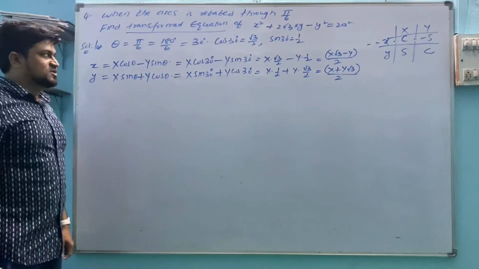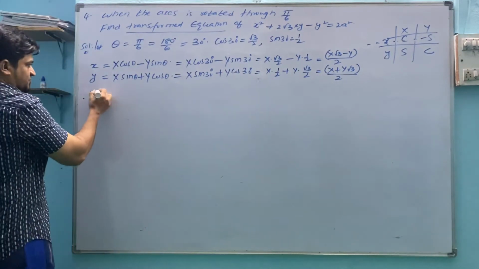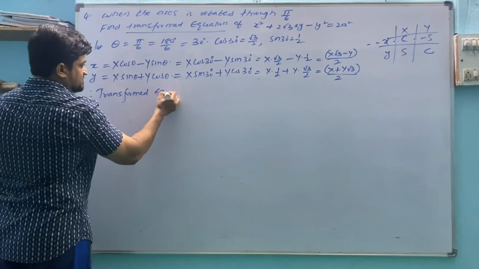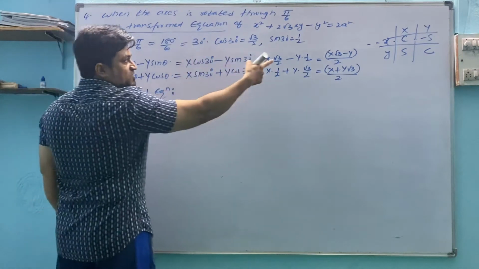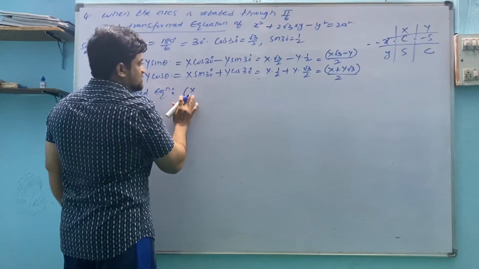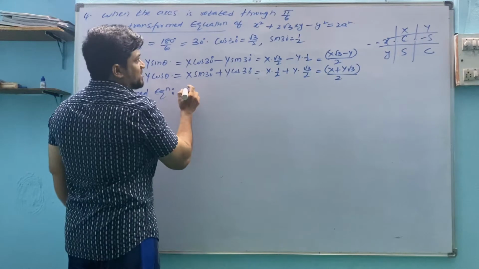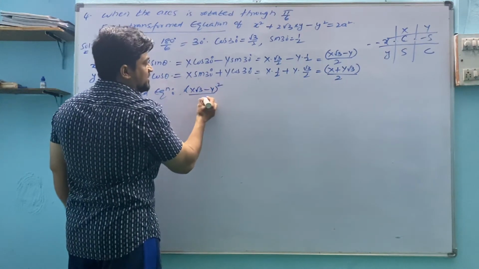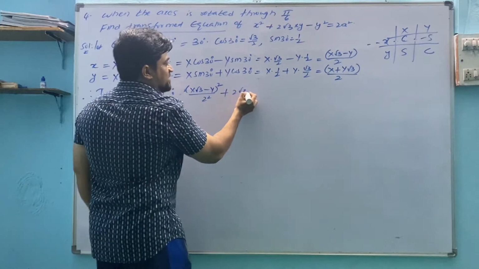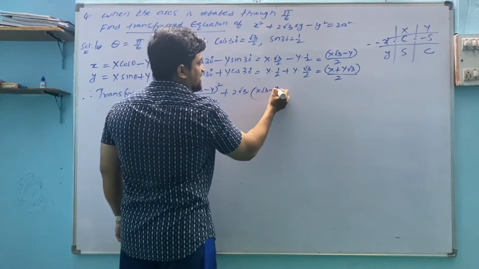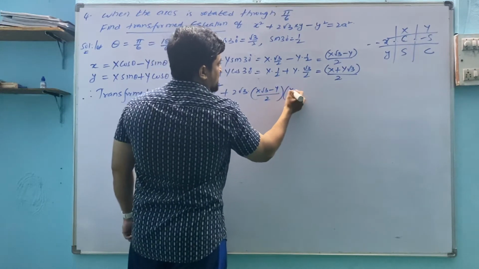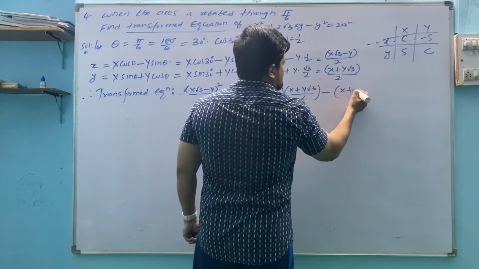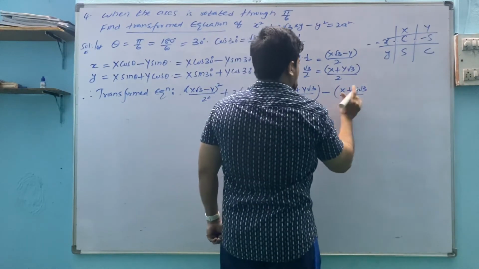We have two values. Now we have to write, therefore, the transformed equation. Whatever equation, x square means x value you can write. So first step only I am doing that: x square is there. X root 3 minus y whole square by 2 square plus 2 root 3 xy, x root 3 minus y by 2 into x plus y root 3 divided by 2, minus y square, x plus y root 3 by 2 whole square.